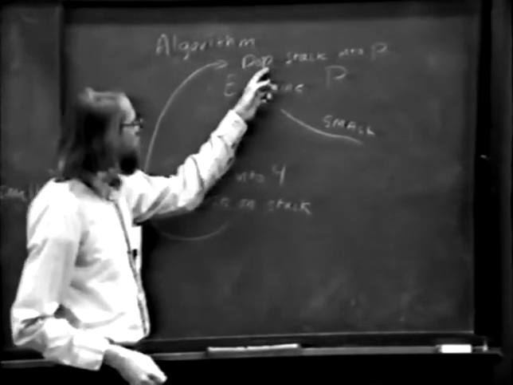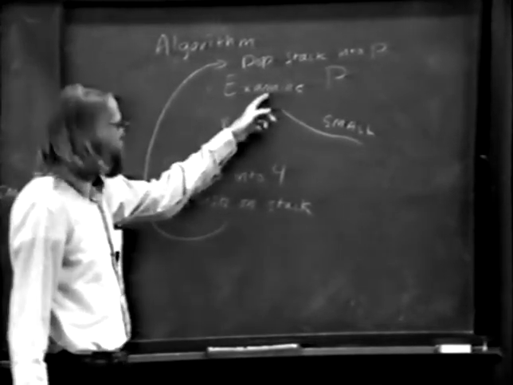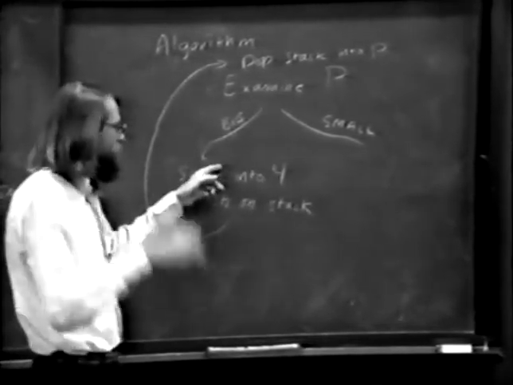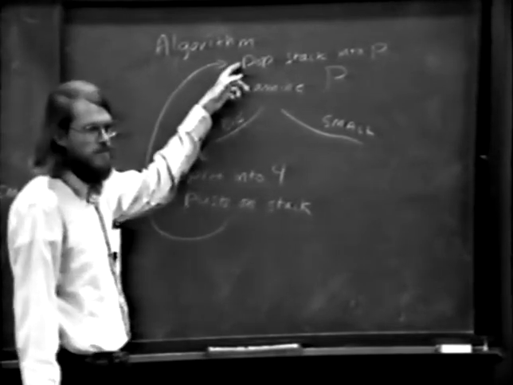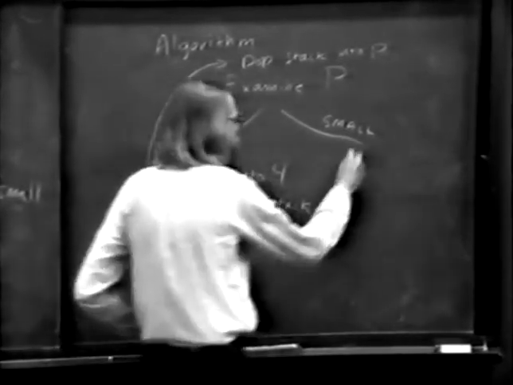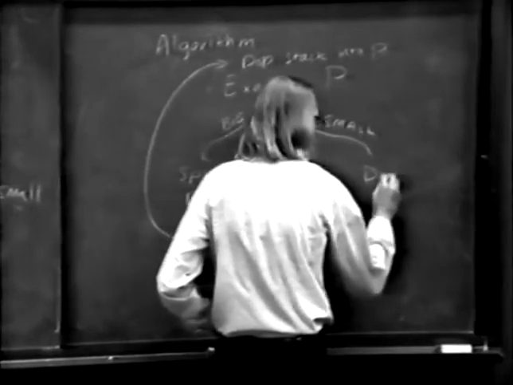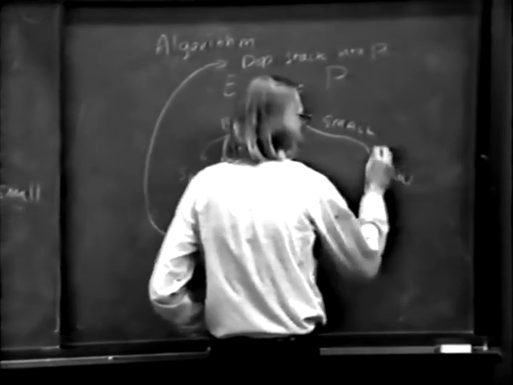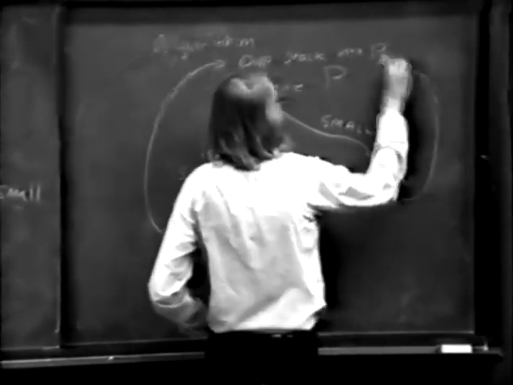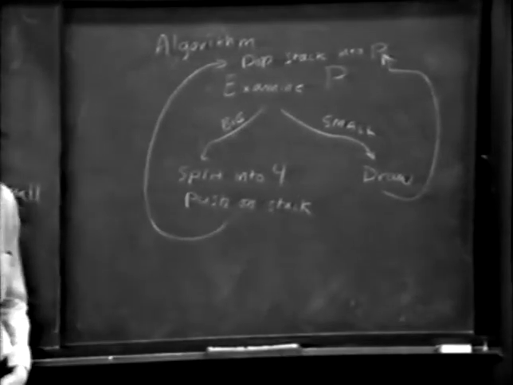You pop the top element off the stack and examine it. And if it's too big, you split it into 4, push those on the stack, and then go back up here. If the thing is small enough to draw, you draw it, and then come back up here to look at the next thing, the top thing on the stack.